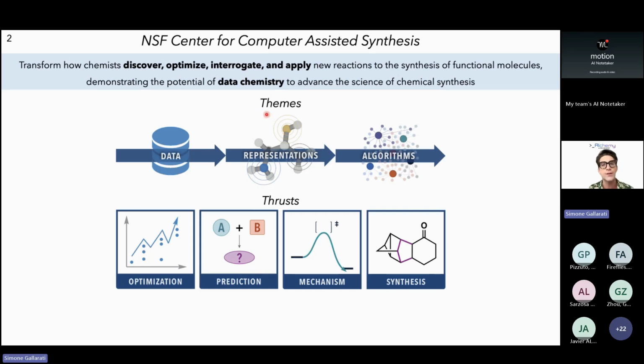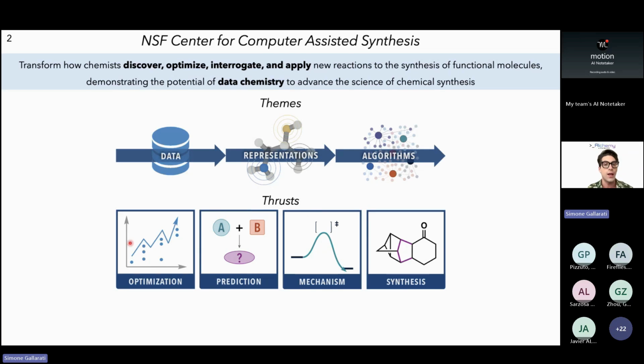CCAS is founded on 3 pillars or themes, which are data, of course, experimental data; representation, specifically the way that molecules and chemical reactions are encoded in a machine-readable way; and algorithms, that is the way the data is processed as a function of the representation. And then our work at CCAS is constructed around 4 thrusts.